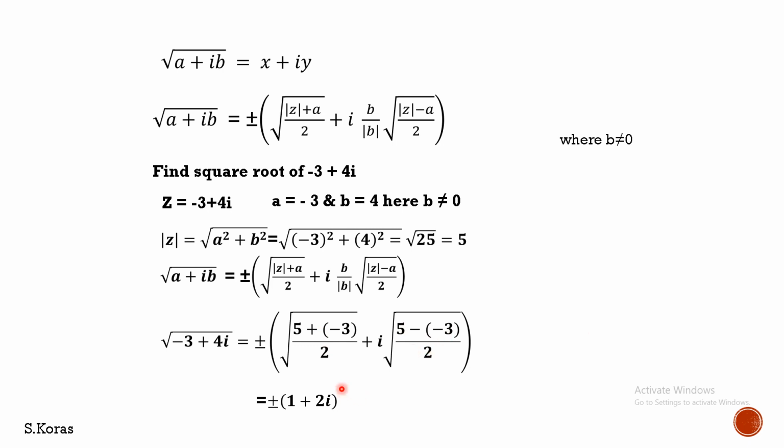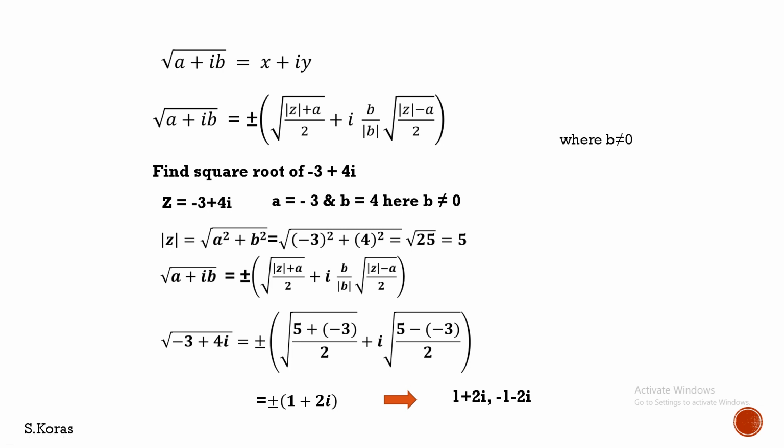If we take the square root, it will become 2, and we have plus or minus in the front. So now if plus goes inside, it will be plus 1 plus 2i, and if minus goes inside, minus 1 minus 2i. So your answer will be 1 plus 2i and minus 1 minus 2i.